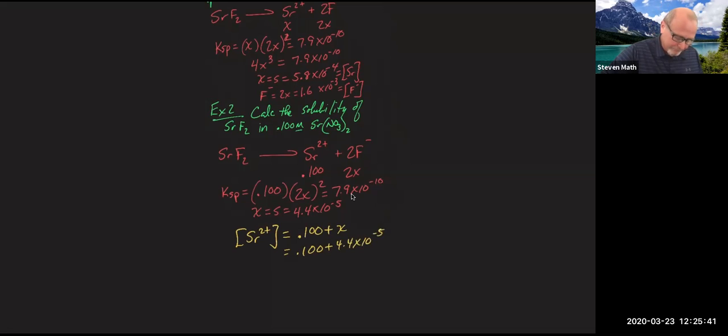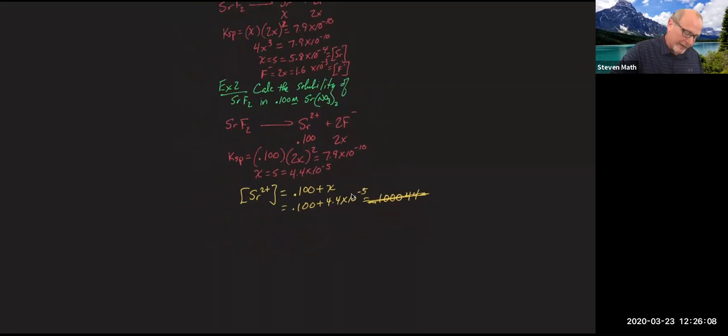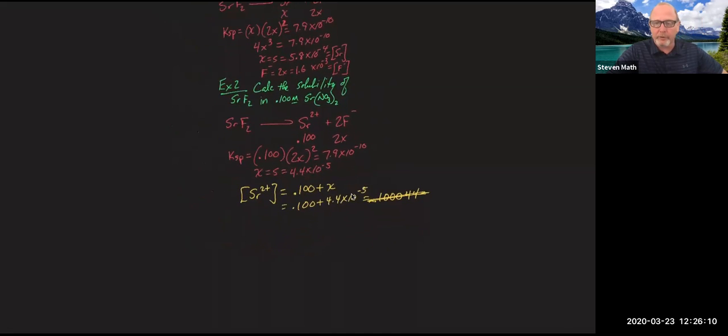Guess what? It's not going to change sig fig wise. We're already at minus 3. It would be equal to, and I'm just doing this to be facetious, 1, 2, 3, 4, 5. It would be equal to that. Guess what? That's not worth it. So we're not going to go there. So that's example 2, where Sr was our common ion.